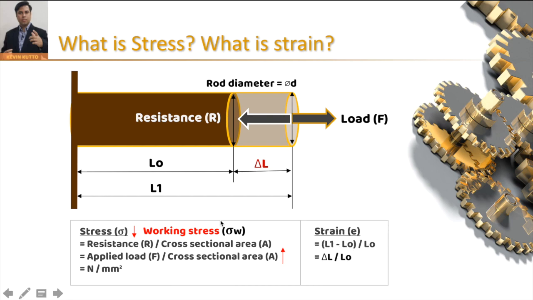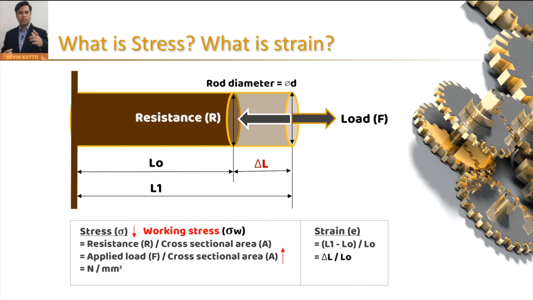Because stress we already understand, so we have to understand strain as well. So what is strain? Change in length upon original length, or change in dimension upon original dimension, is the strain, right? So in this case, it is delta L by L0. And we know that this is a ratio, so definitely it doesn't have any unit.